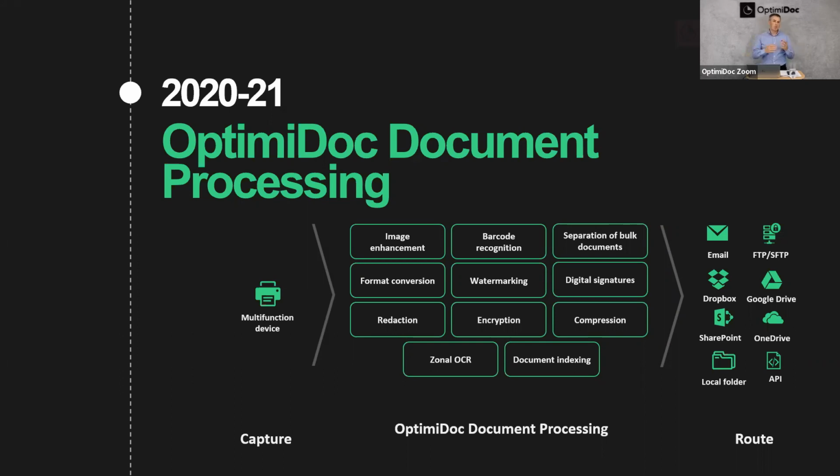During that time, we also focused on support for different destinations. We added an API for custom development and support, for example, for local folder storage through a small service, and so on.